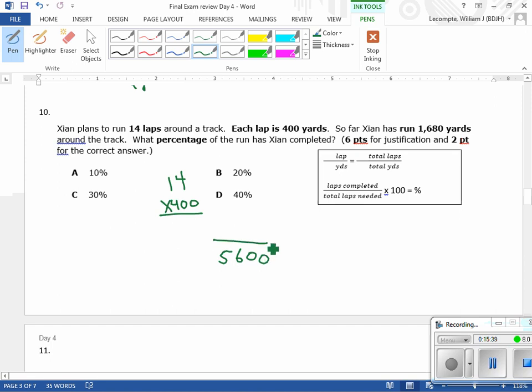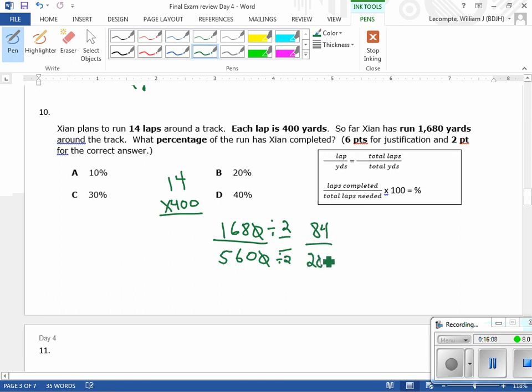All right, so we just basically need to break that down. 1,680 and 5,600. So I can immediately take off the zeros, and I would just divide by 2 on each. So divided by 2, divided by 2, and I get 84 over 280.